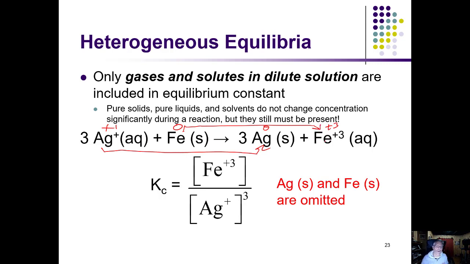Three electrons are being transferred in this reaction. But the only things that change concentration are silver ion and the iron 3+ ion, which is our only product, and it's got a coefficient of 1, so it gets a 1 as an exponent. Silver ion has a 3, so it gets a 3. We omit the solids when we write this expression.